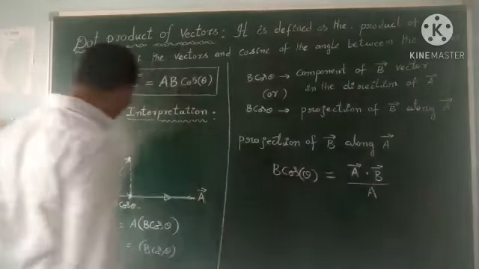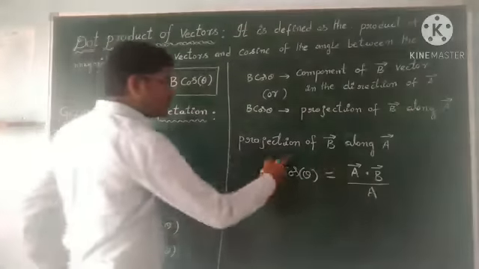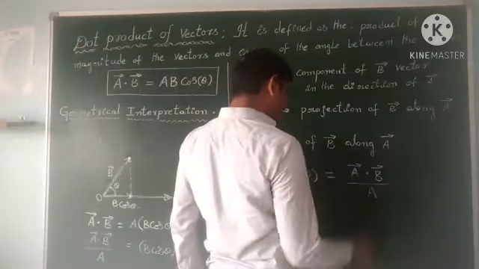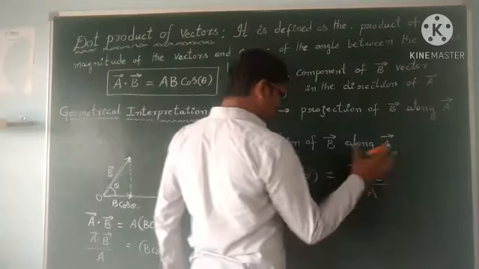So this is called the projection of B bar along A bar. That is equal to this much.